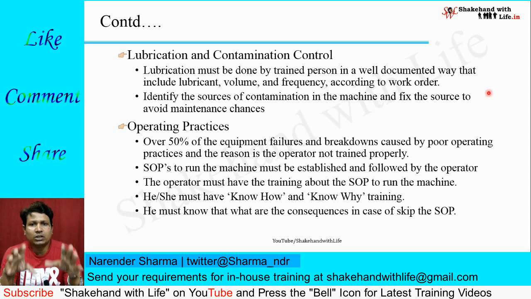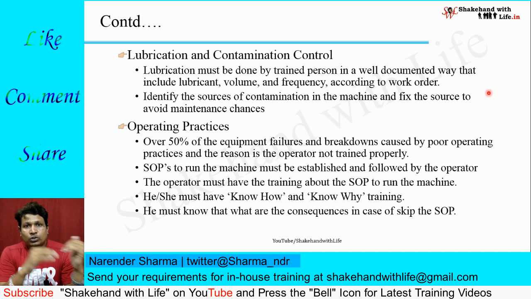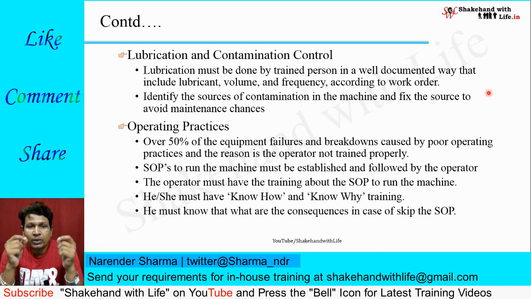The lubrication in the machine must be done by trained personnel according to the standard operating procedure, which specifies which type of lubricant is required, what volume of lubricant is required, and at what frequency the lubricant must be provided in the production system. According to the work order, the trained personnel lubricate the machine accordingly.